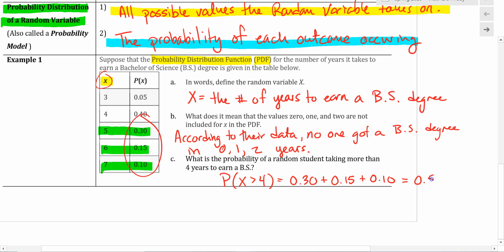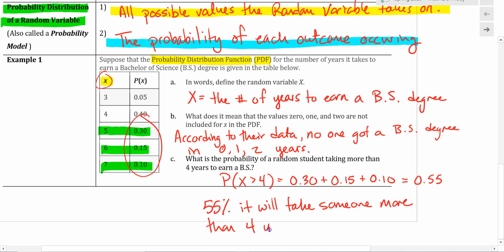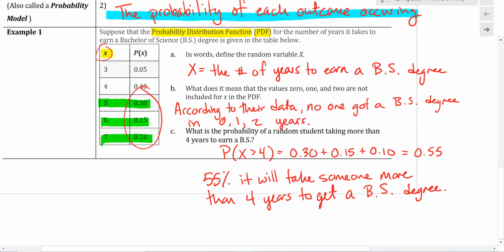If my math is right, that should be a total of 0.55, or there's a 55% chance that it will take someone more than 4 years. Let's just write that out. More than 4 years to get a bachelor's. That was me. I was in that group. I think I did it in 5 or 5.5, somewhere around there.